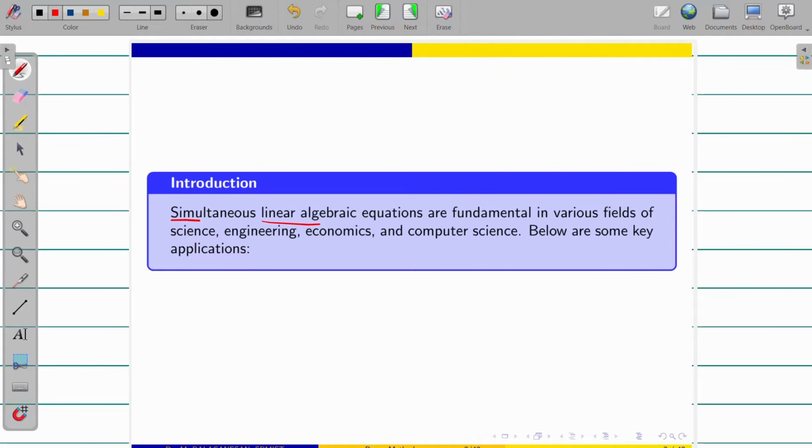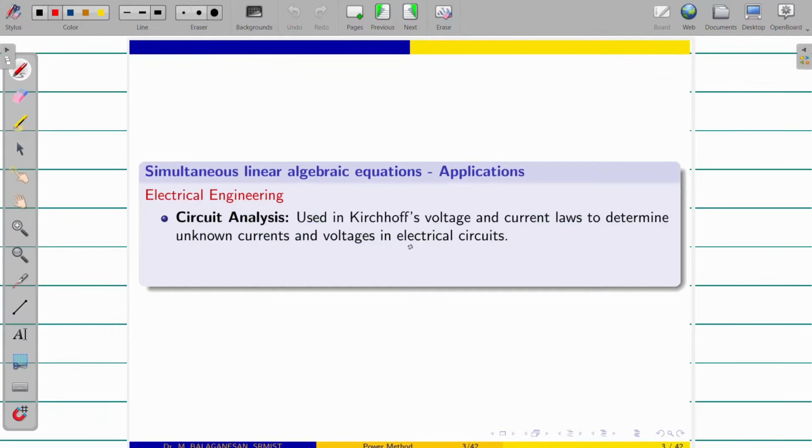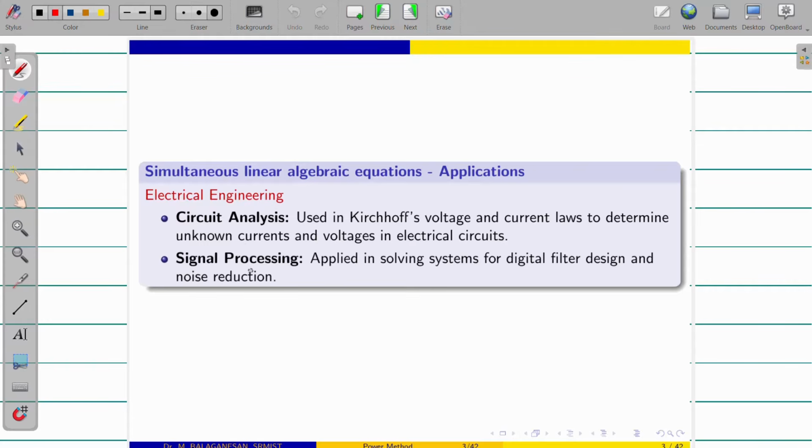There are n number of applications for systems of simultaneous equations. Here I have given the engineering field, computer science and everything. Additionally, I have given some applications in electrical engineering, circuit analysis and signal processing, where it plays a vital role.